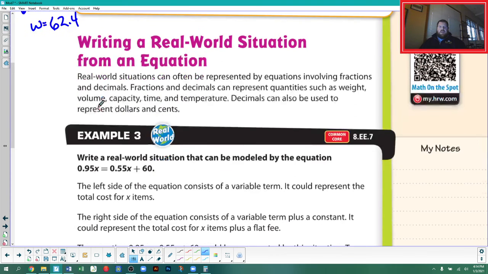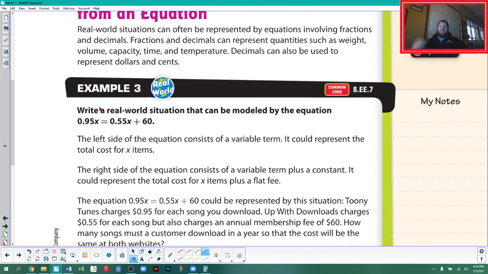The next part is writing a real world situation. Again, just like we did in the last section, we're given an equation. We want to use our creative juices to come up with where that comes from. And so they use the example 0.95x equals 0.55x plus 60.